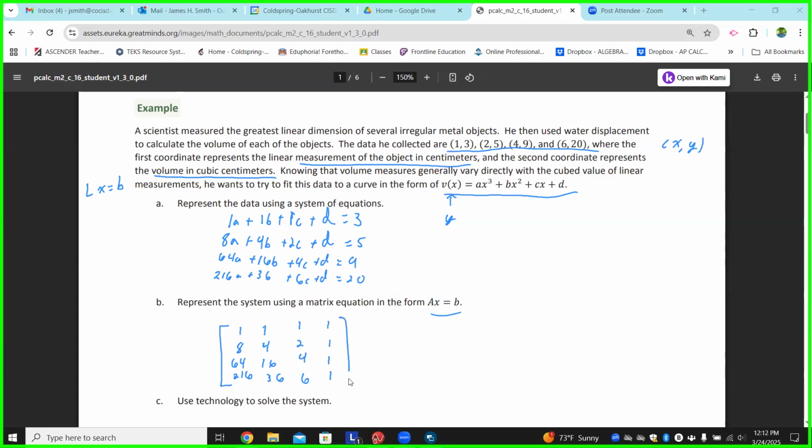Perfect. All right, so that's your A, and you can go from left to right or top to bottom. It doesn't matter to me as long as you have them in the right spot.